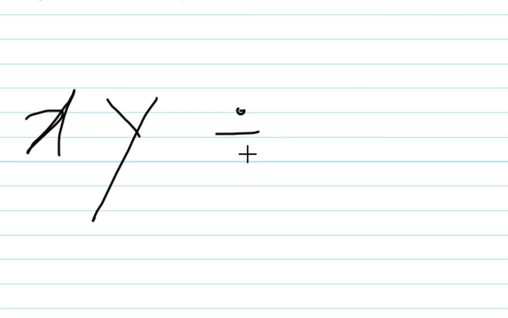Let's consider xy divided by xy, and as you can see here, we've got xy and xy on this side as well. You can actually write them as yx as well, it doesn't matter.